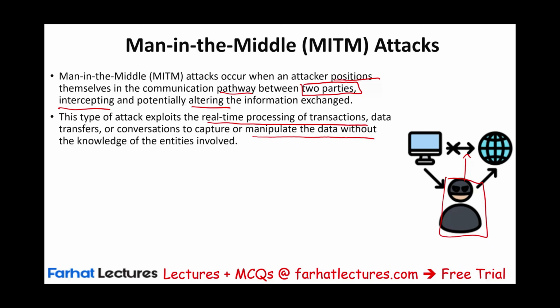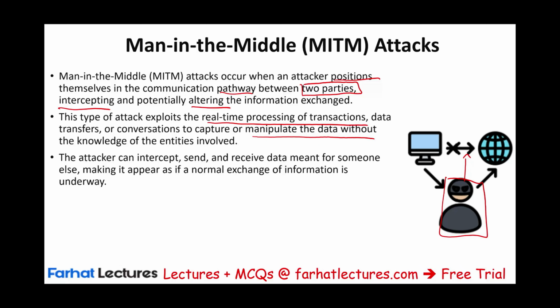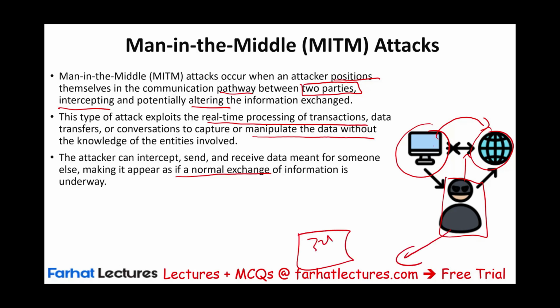The attacker can intercept, send, or receive the data. Basically, if they receive it, they can send it on to someone else, making it appear as if a normal exchange of information is underway. Rather than it going from this party to that party, if this person intercepts, they can send it to a third party or a fourth party that they want it to go to.